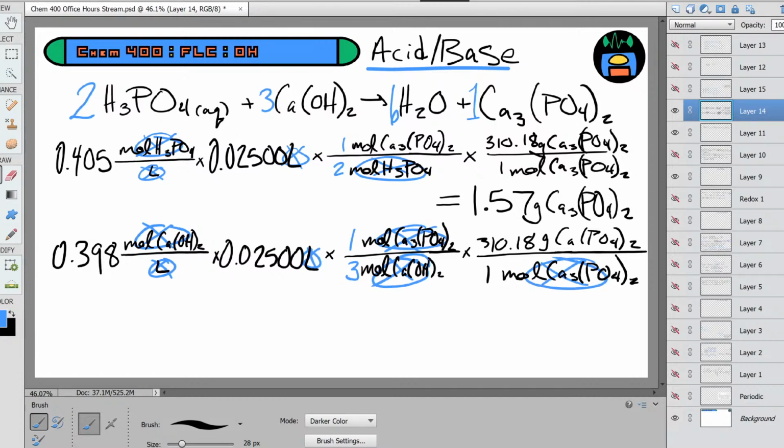Let's see, we got 0.398 times 0.025 divided by 3 times 310.18. Which is, to 3 sig figs, 1.03 grams of calcium phosphate.